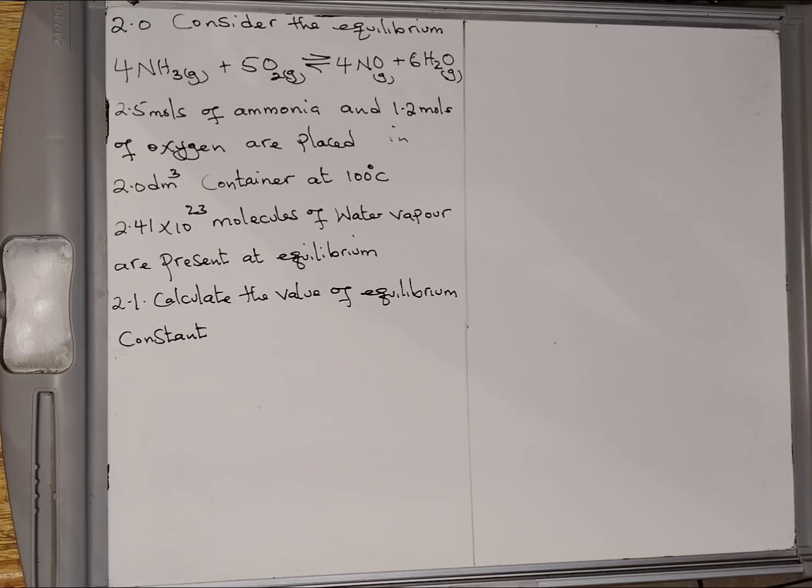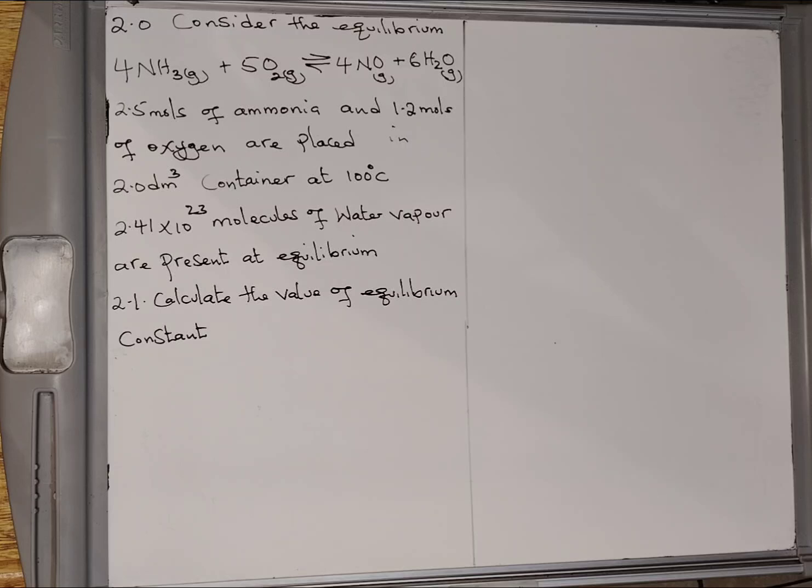Then 2.41 times 10 power 23 molecules of water vapor are present at equilibrium. 2.1, it says calculate the value of the equilibrium constant.